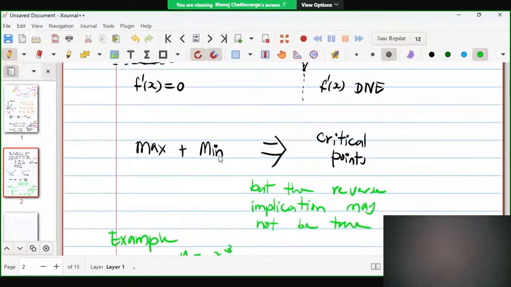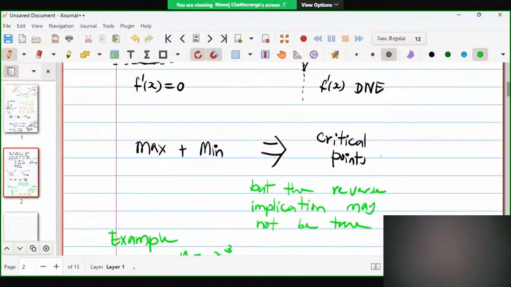So every maximum and minimum point is a critical point. Critical means either derivative is zero or undefined. And some critical points are not maximums nor minimums. In either case, critical points are important, zeros of the derivative are important.